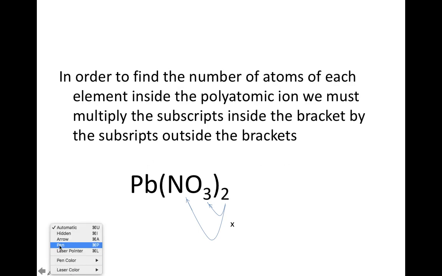So if we take the 2 and multiply it by the 3, we get 6 oxygen. And if we take the 2 and multiply it by the imaginary 1 here, we get 2 nitrogen. Now you do not multiply this 2 by the imaginary 1 here because it only applies to whatever's in the bracket. So Pb stays as one atom.